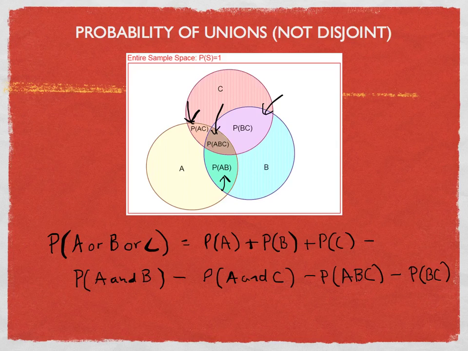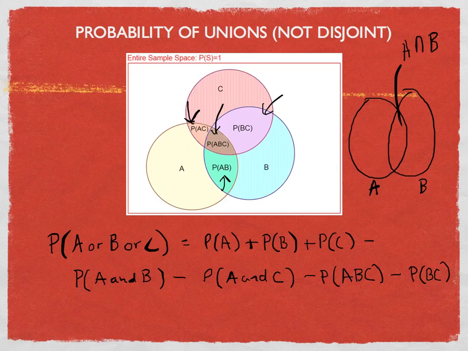That's kind of a complicated look at not disjoint. But if we were only to have, let's say, two circles that overlap, we'll call this event A and B, and the intersection, which we'll say A intersects B right here in this spot, we would have to find either the probability of A or B occurring.